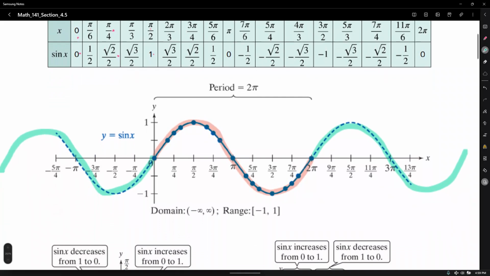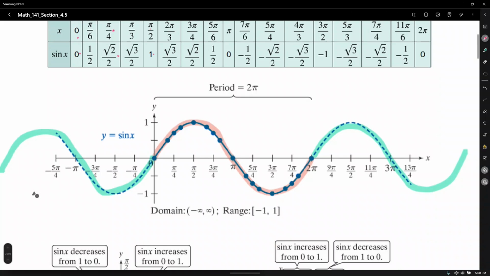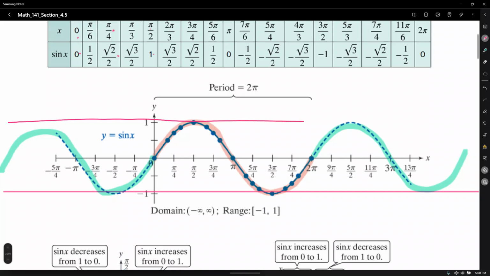Well, as we can see from the graph of the sine function, the domain is all real numbers, and the reason for that is because we don't have any holes on the graph of the sine function, and we don't have any gaps or any vertical asymptotes that would show a discontinuity of the graph. And the range always goes between, it would be worth drawing this line right here, -1 and +1.